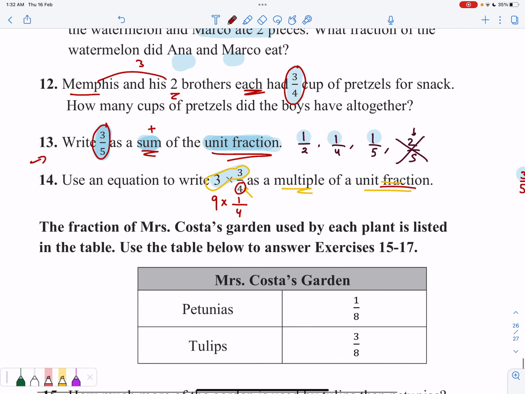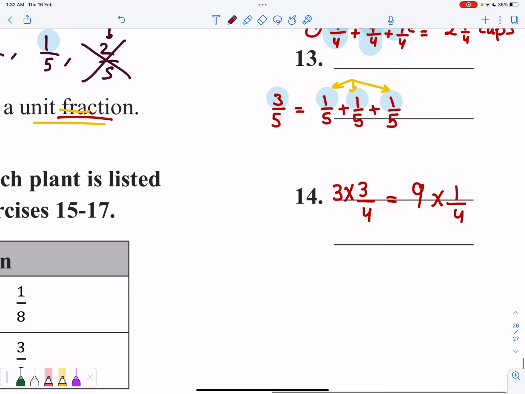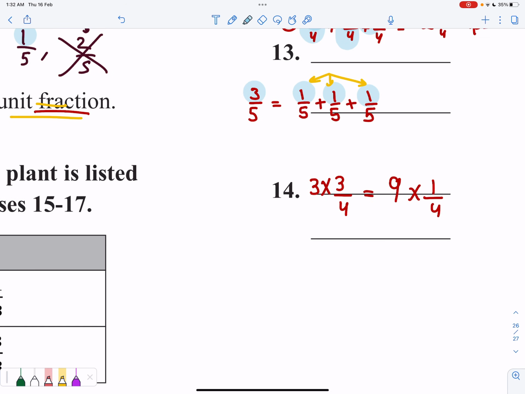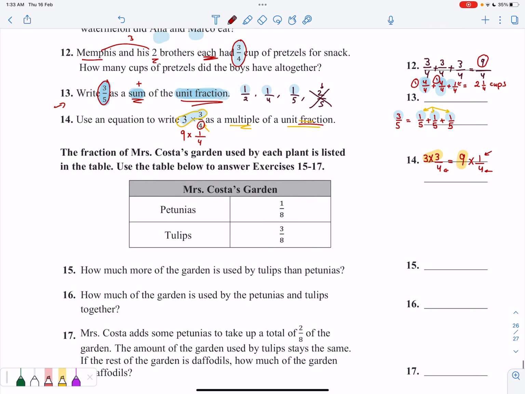So we can say that 3 multiplied by 3/4 equals 9 multiplied by 1/4, because we multiplied these 3's together, we kept them on the side, and we just have this 4 down here, so we wrote it here with the 1 up here, because this is a unit fraction.